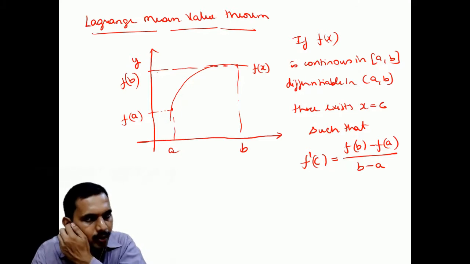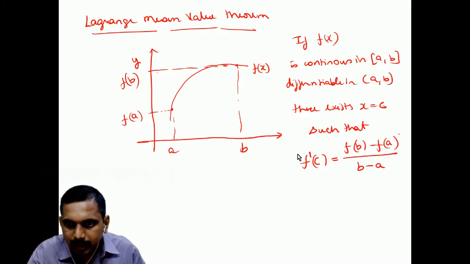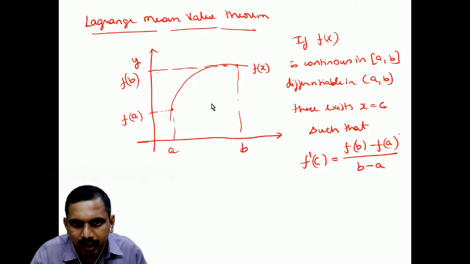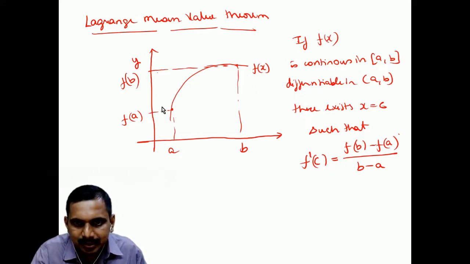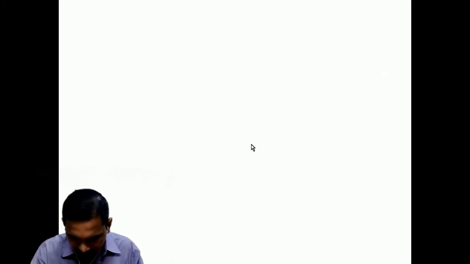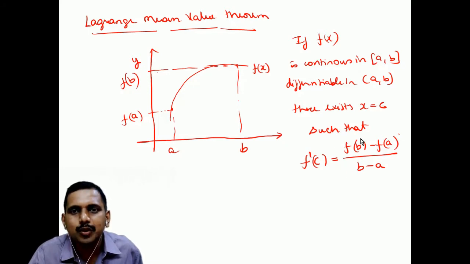So what does this particular thing imply? F of b minus f of a is this distance along the y-axis, is it not? And b minus a is along the x-axis. So this shows the slope.